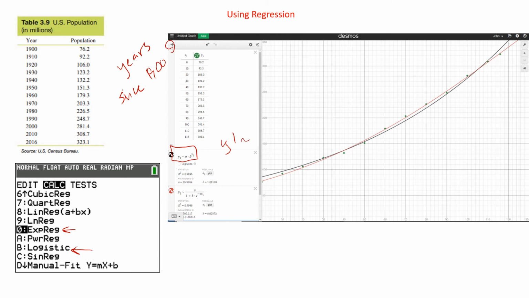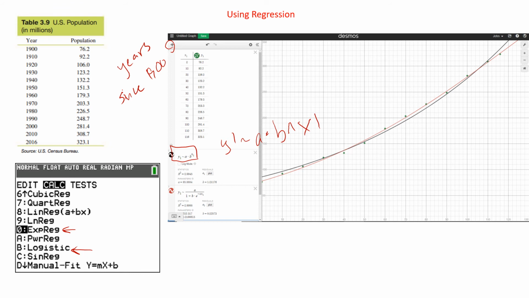Then tilde, a times. The times is just shift 8 to get the little star, and it puts it there as a multiplication even instead of a little star. B, and then use the caret button, which is shift 6, and then x1, and it again put that 1 in the subscript of the x, and it gave us the equation.